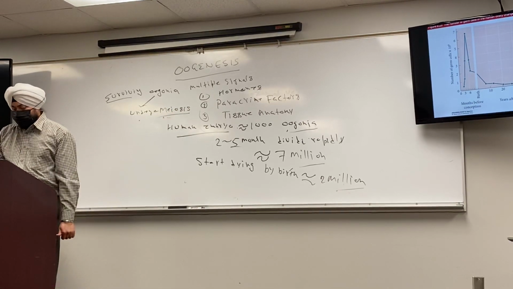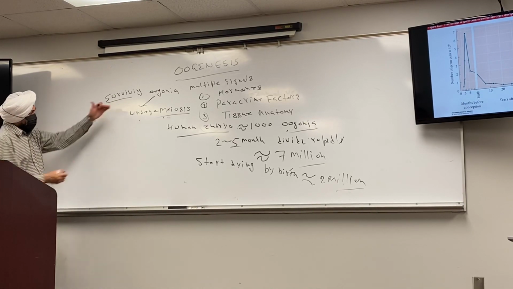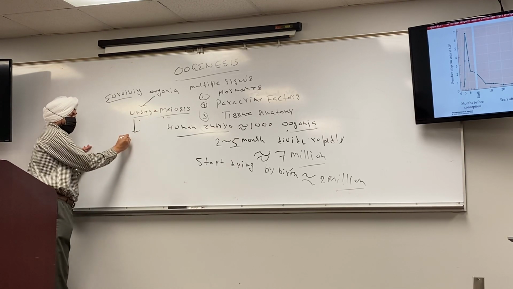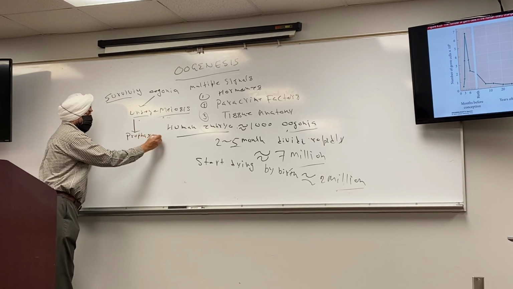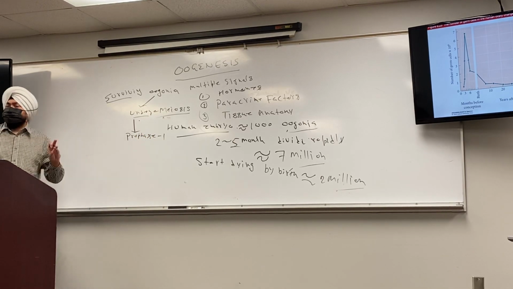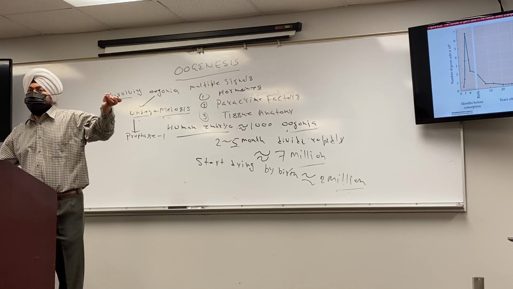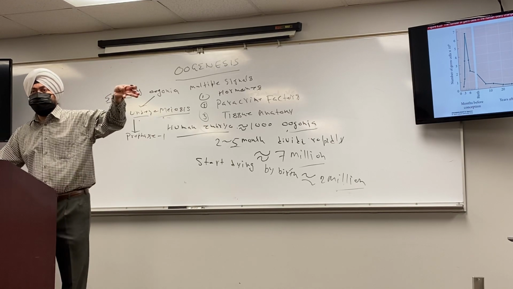And then when they are there, what happened? They undergo meiosis, and meiosis starts with prophase 1, right? What are the stages of prophase 1? Leptotene, zygotene, pachytene, diplotene, diakinesis, right?